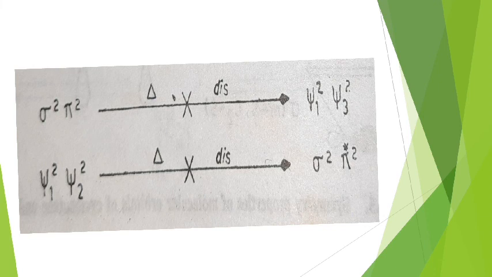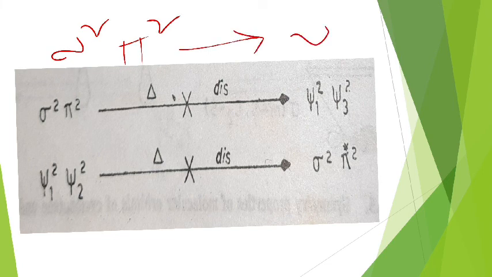Hence, sigma to pi 2 under thermal condition, disrotation does not take place because the sigma to pi 2 orbitals of cyclobutene do not correlate with psi1 and psi2. So, under thermal condition disrotation does not take place. So, the disrotation under thermal condition is symmetry forbidden.